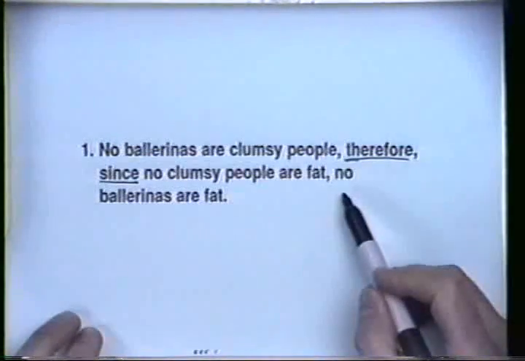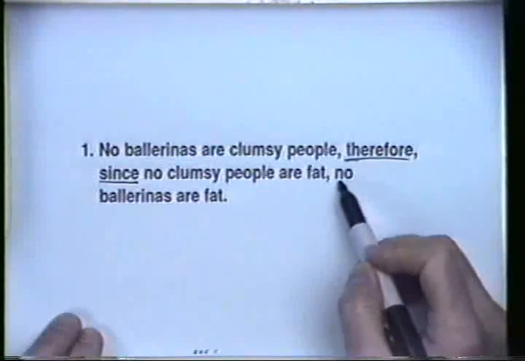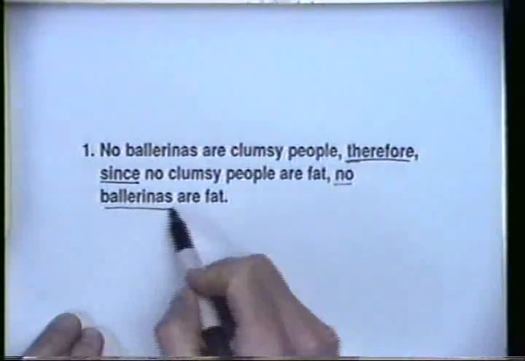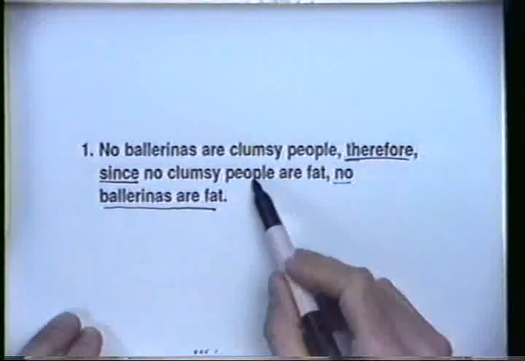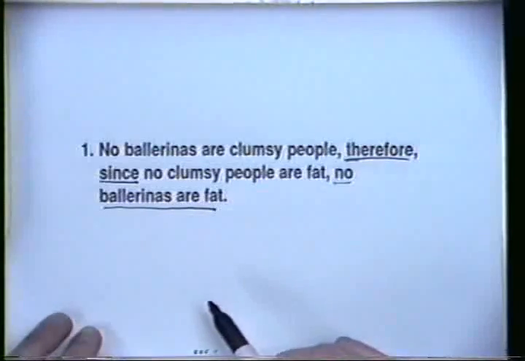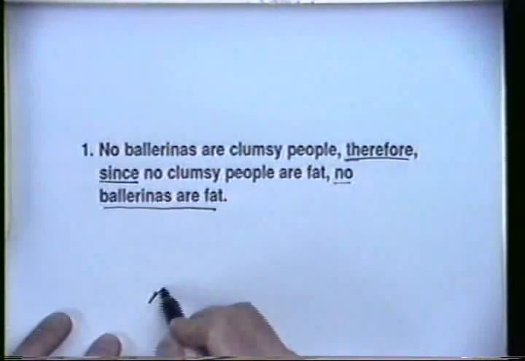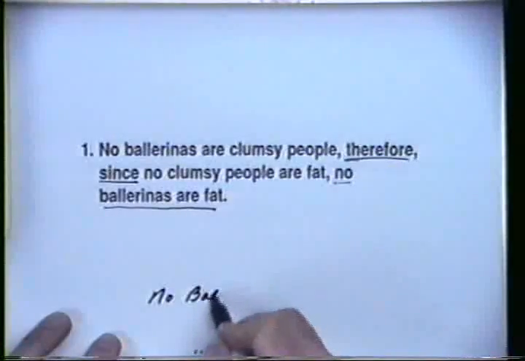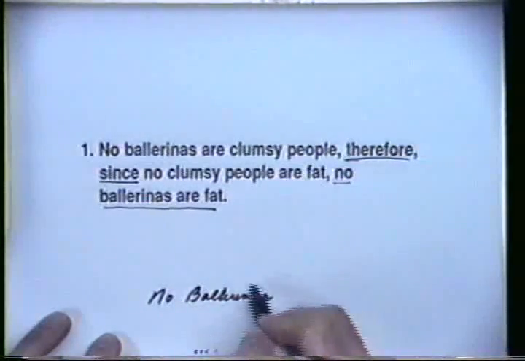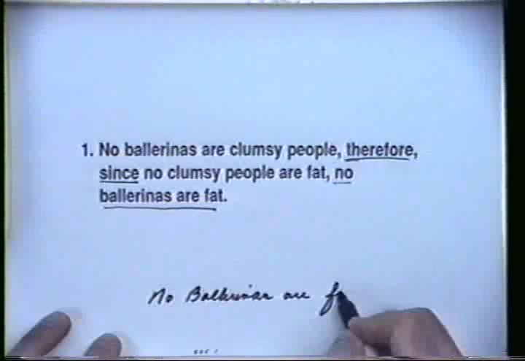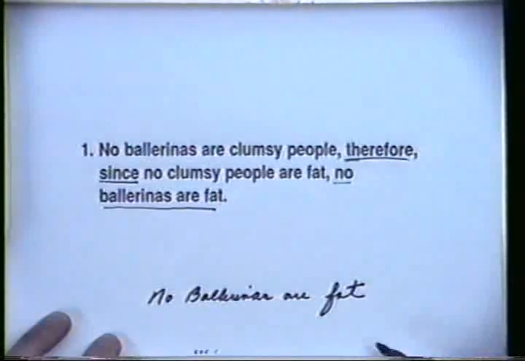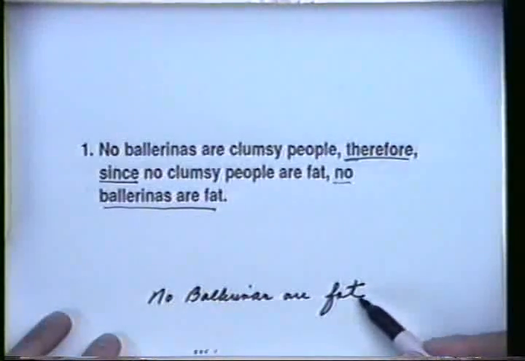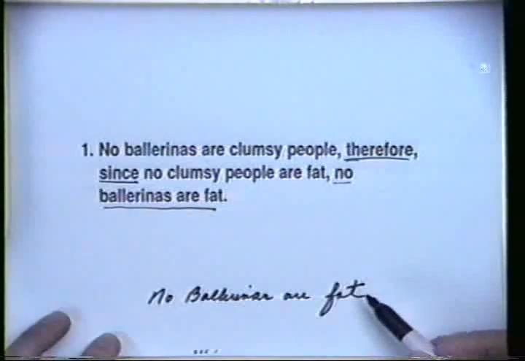What is the conclusion? Well, the real conclusion is no ballerinas are fat. Right? Therefore, no ballerinas are fat, since no clumsy people are fat. So no ballerinas are fat is our conclusion. Why we need to do that first is that it will determine what the major term of the syllogism is.